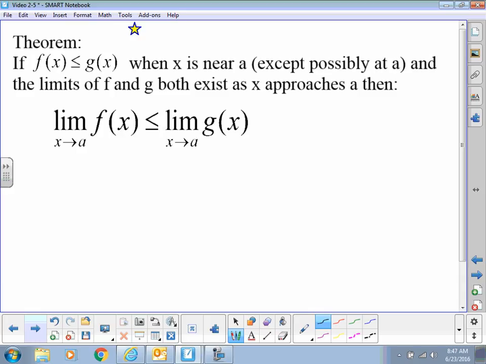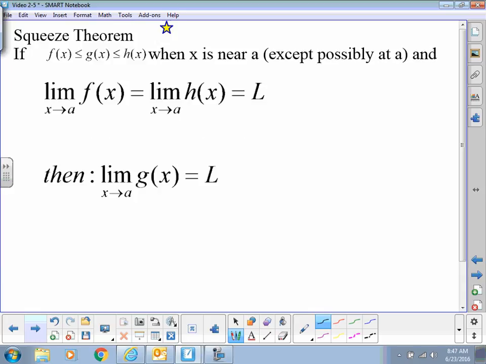Now, an extension of that is what's called the squeeze theorem. Instead of just having one function less than or equal to another function, think of this as for g of x, what if we had a function that stayed in between two functions for all the function values? And then what if also we knew the limit of the one on the left and the limit of the greatest one, the one on the right, were both equaling the same thing?